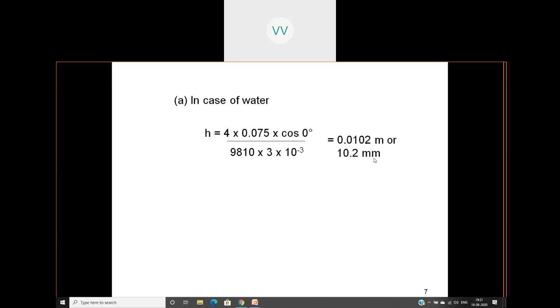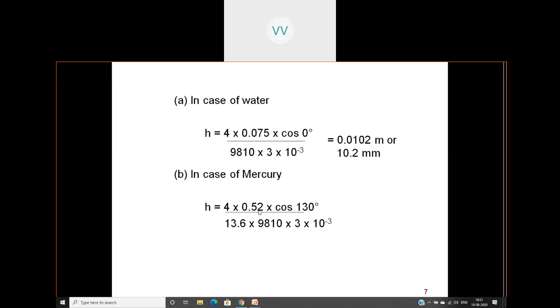So this is equal to 0.0102, that means 10.2 mm. So that much will be the capillary rise in the water. Now coming to the depression, in the case of mercury, suppose the same tube is inserted in mercury, what will be the capillary fall?